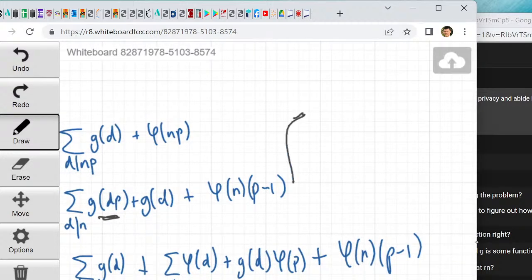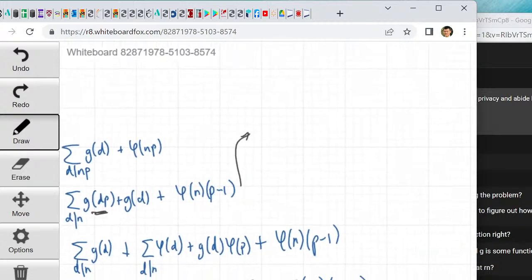And then here, g of dp now is different. Oh, if p is in d.